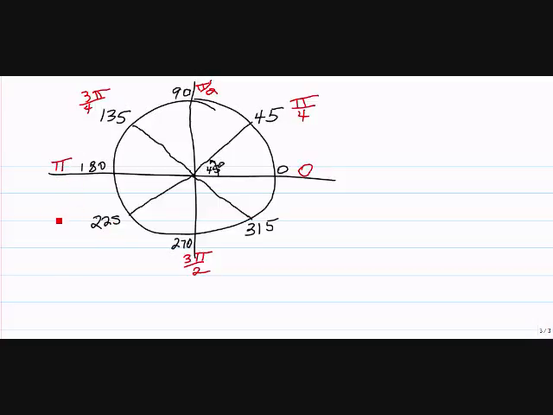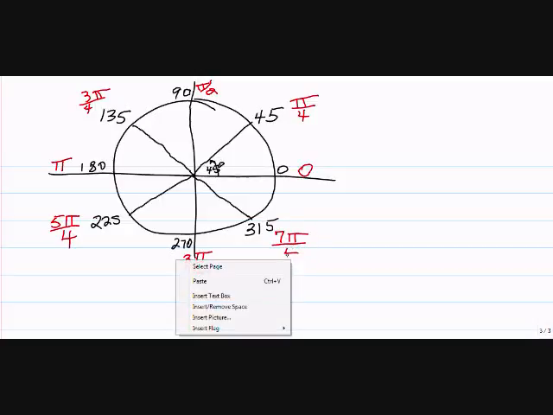Next marking is going to be 5/4. Next mark should be 6/4. Let's see, 6 over 4 is 3 over 2, yeah, 3 over 2 pi. Next marking is going to be 7/4. So there's some exact radians to go with the 45, 90 triangles.